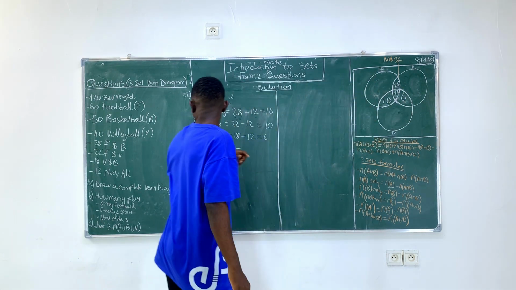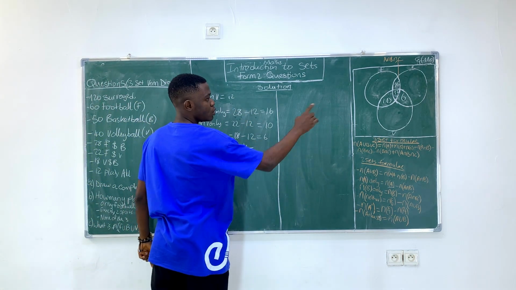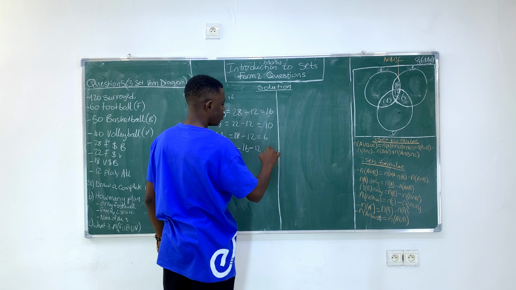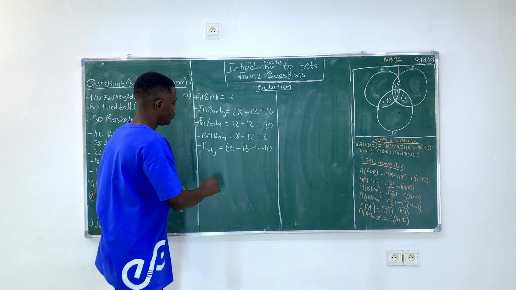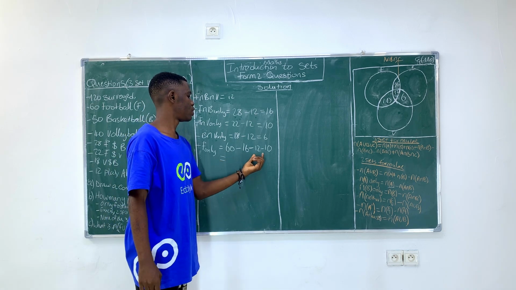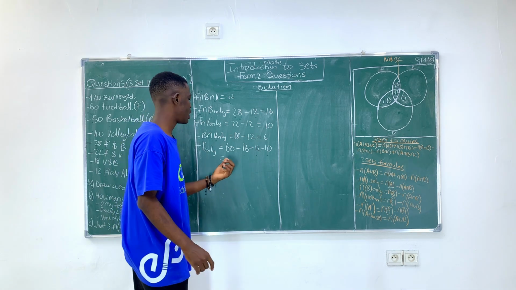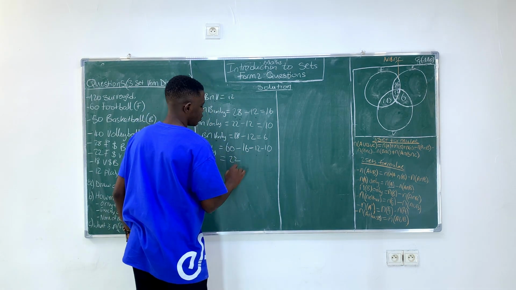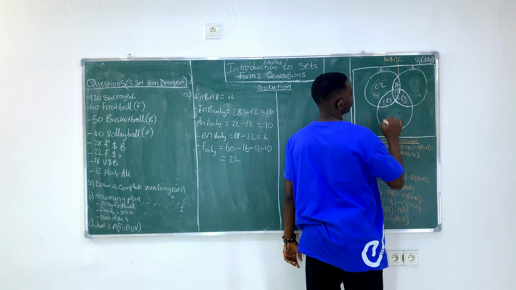So from this 60, I'm going to remove 16, remove 12, and remove 10. So what is this going to give us? 60 minus 38. 60 minus 30 is, that's going to give us 22. So you can put here 22.